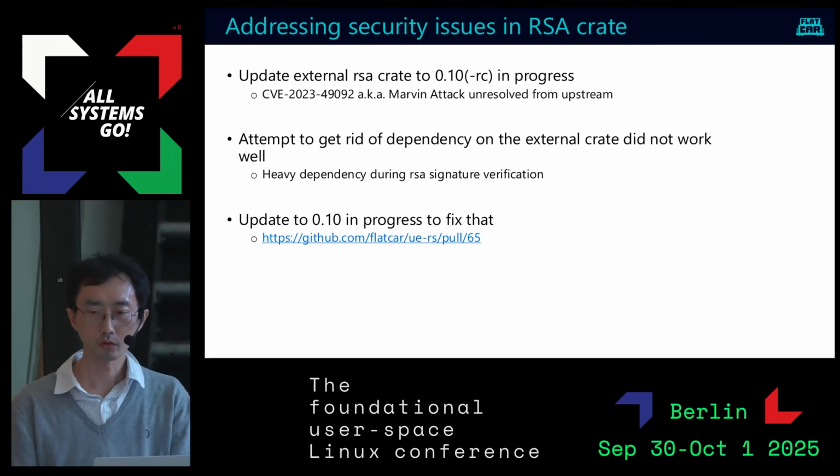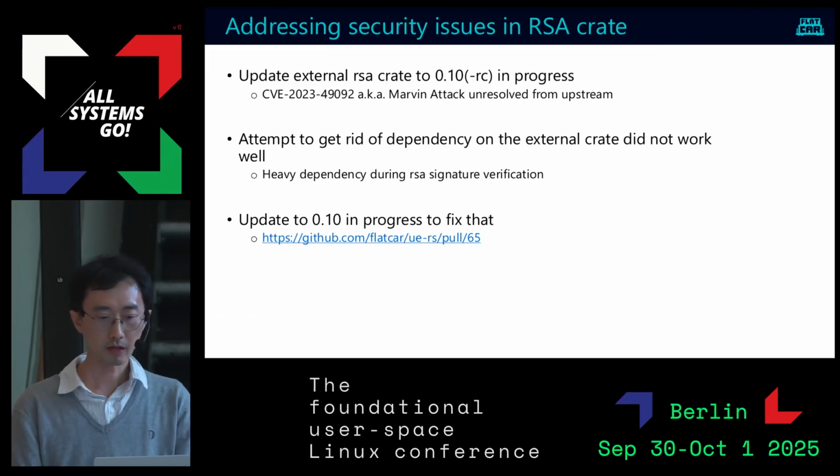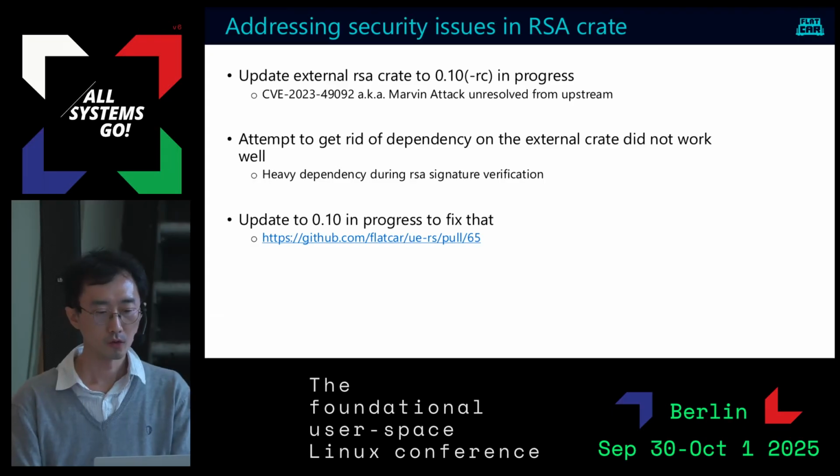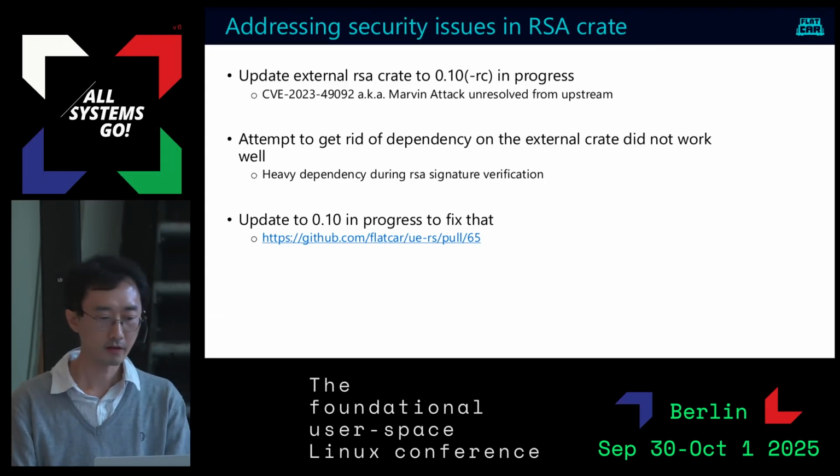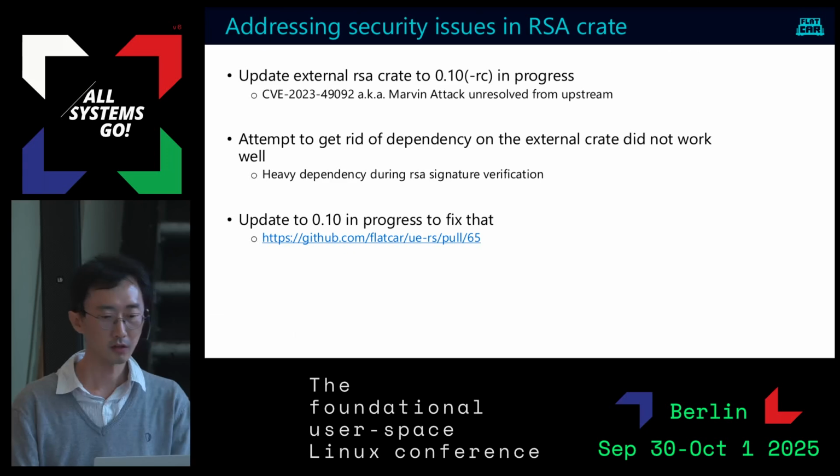I'm going to introduce practical issues regarding the current UERS. In 2023, the Marvin attack, a cryptography attack, was discovered, and some software was updated to fix that issue. However, in the case of the Rust RSA crate, it is not so easy.